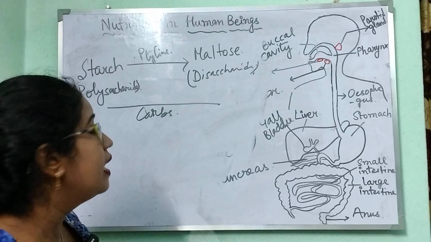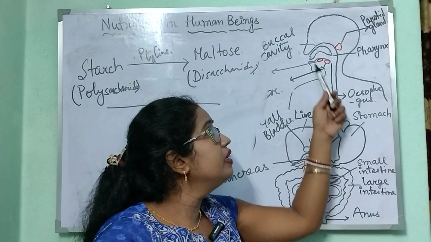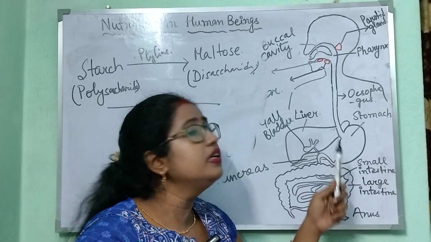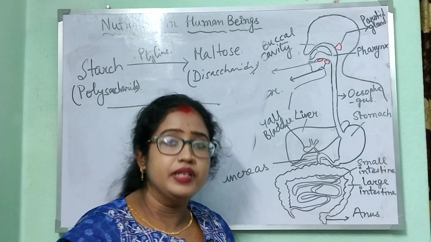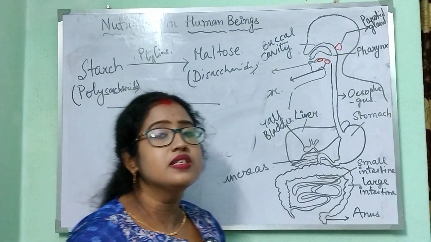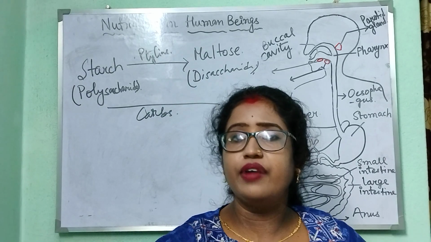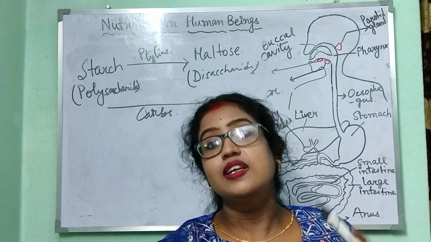Then the saliva also helps to lubricate the buccal cavity as well as the lining of the alimentary canal. So the buccal cavity has a special function, or it is the starting point where the digestion process starts.